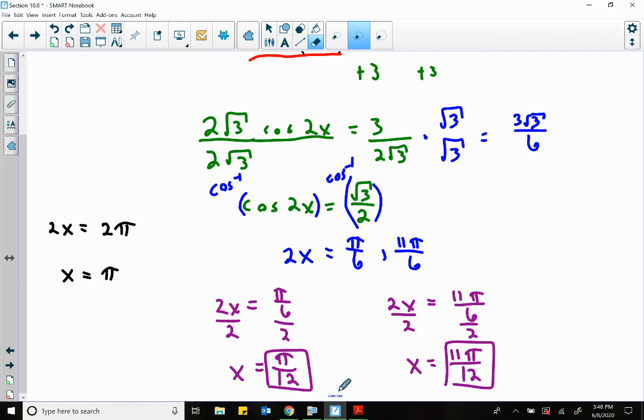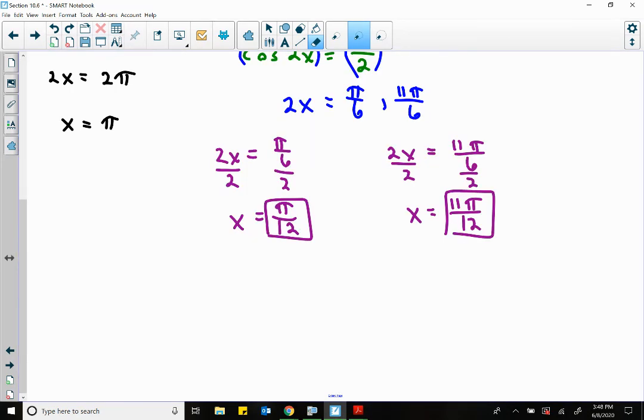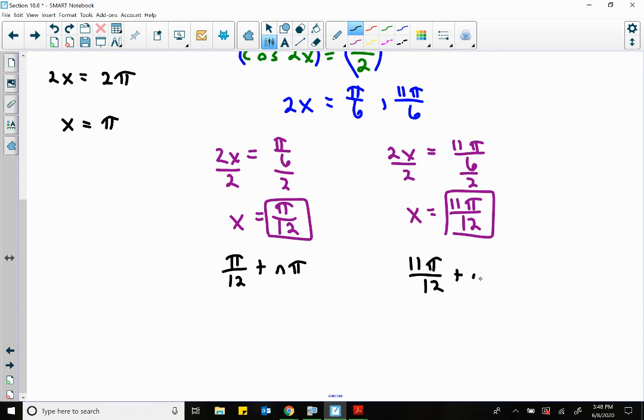So my answers, if I want all the exact solutions, will be pi over 12 plus n pi. And this guy will be 11 pi over 12 plus n pi.